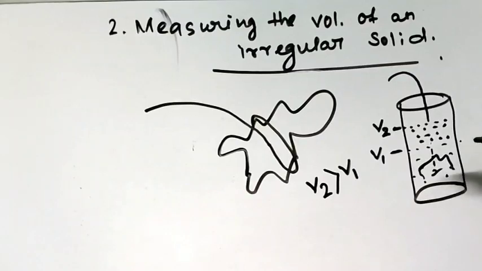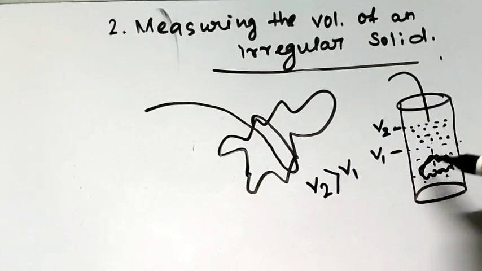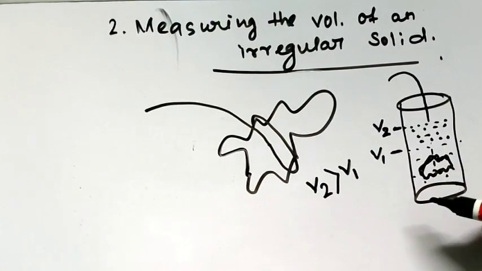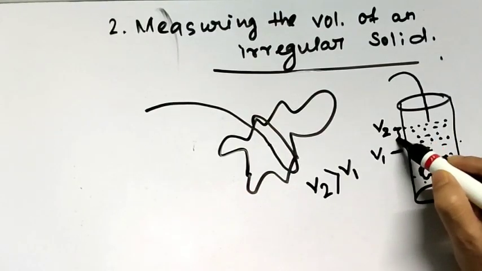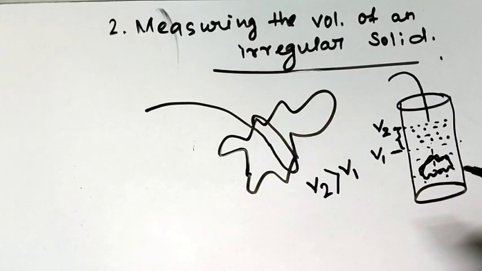And you know why the water level rises up? Due to this particular solid, because inside the water this particular solid has occupied some space, right? And we know by definition of volume that when a particular solid occupies some space, that is its volume. So this is the region where this volume takes place.